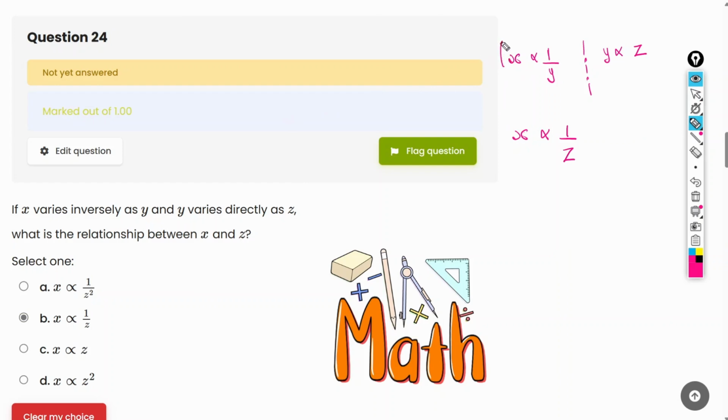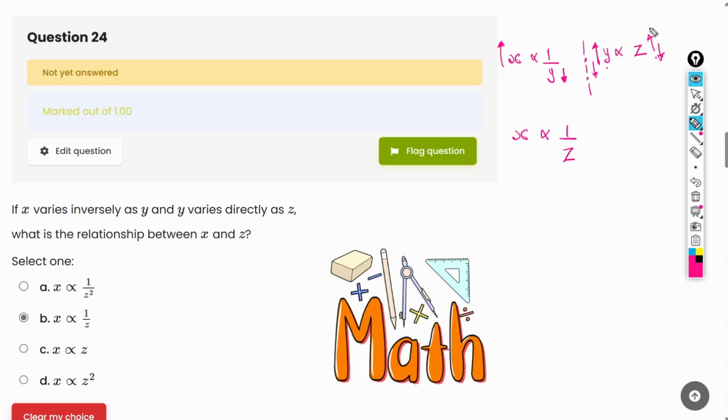Another way you could think about it is that as x is increasing, y is reducing, because that's what the inverse relationship is about. But as y is increasing, z is increasing. As y is reducing, z is reducing. So whatever is going on with z will be the same thing that's happening with y.